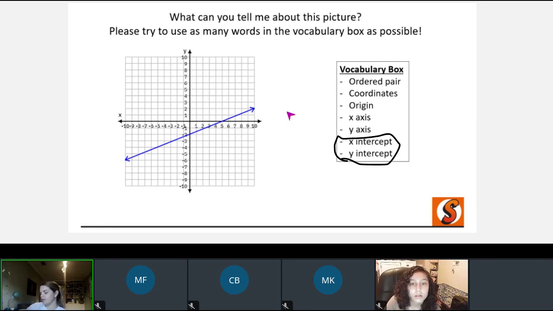I'm going to give you like a minute. Everybody can have whiteboard tools if you want to put a point, if you want to write something, if you want to type something. I'm going to open the room chat back up if you want to tell me something about this slide. Tell me what you know about coordinate planes.